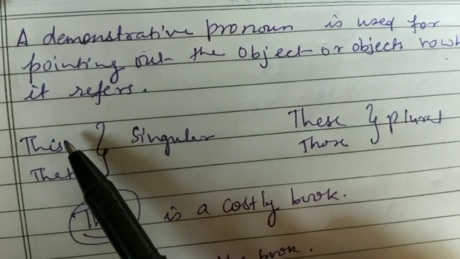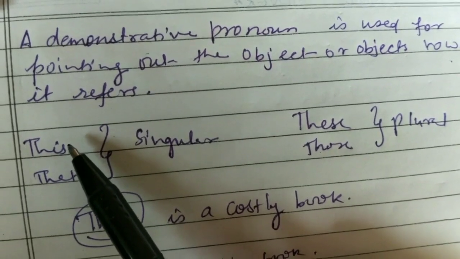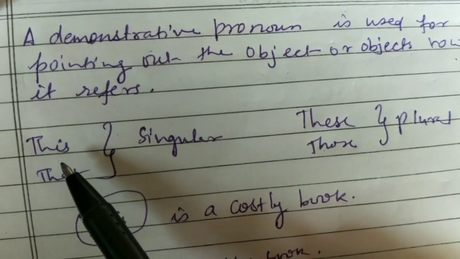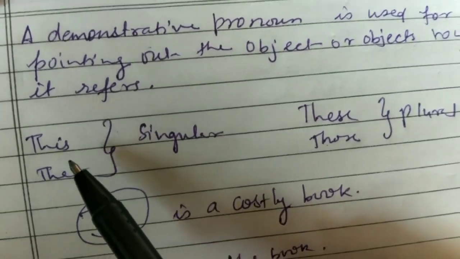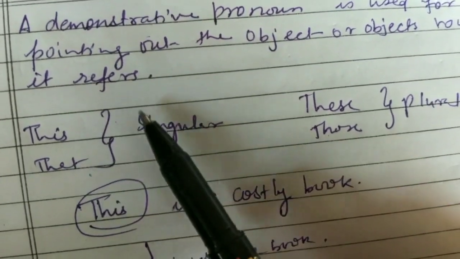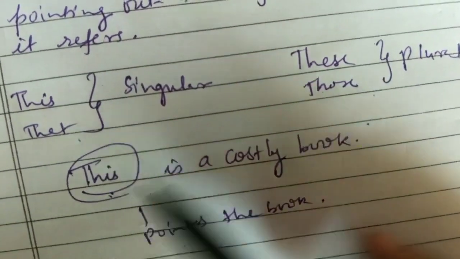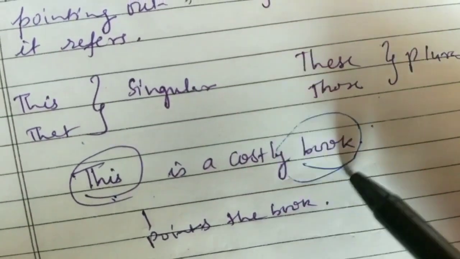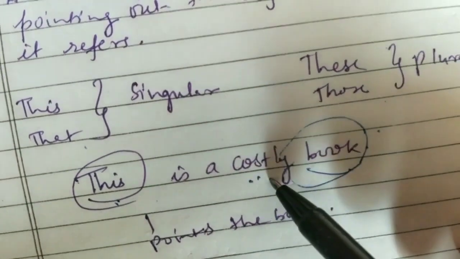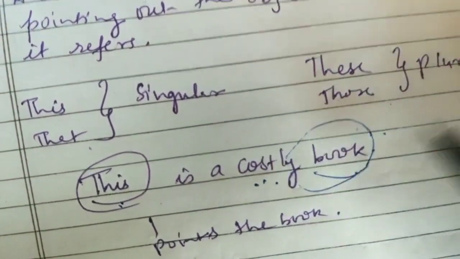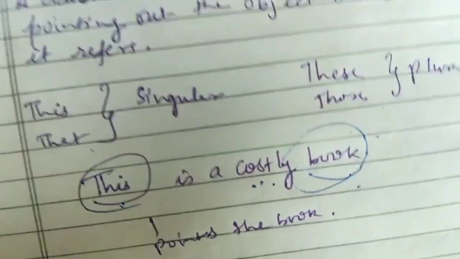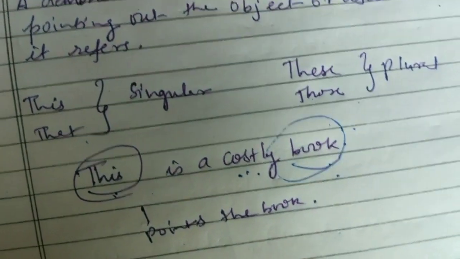So we use four words to demonstrate or to show the object: this, that in singular form, these and those in plural form. Like this is a costly book. So this is the word which points to this book, and I am referring to this book as costly. Understood?